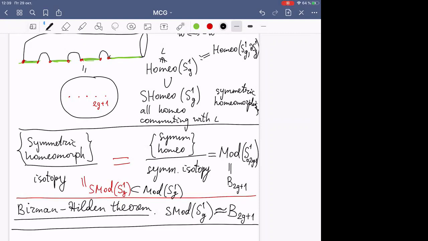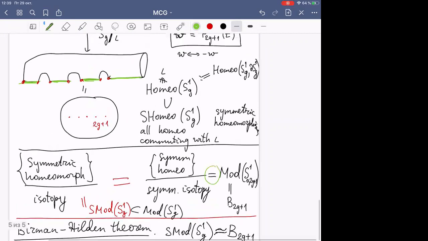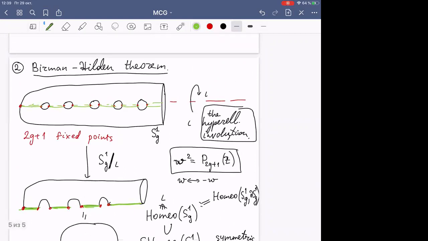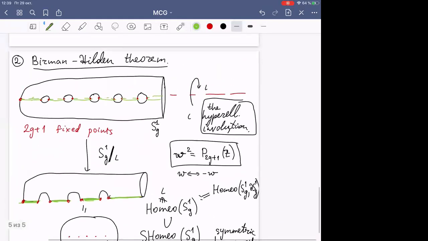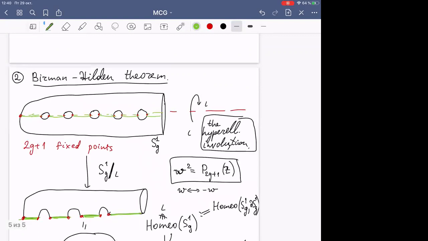The easy part is this one, that if we consider symmetric homeomorphisms up to symmetric isotopy, this is the same as homeomorphisms of the surface below, preserving punctures setwise, up to usual isotopy. Actually, this is more or less obvious.